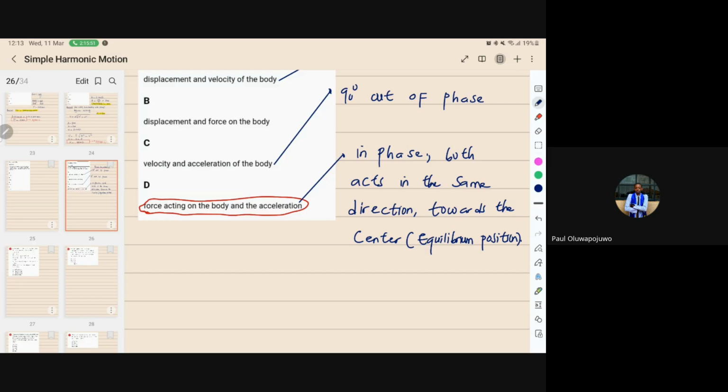All right, so that's for that. For simple harmonic motion, you have to always relate it to force and acceleration.